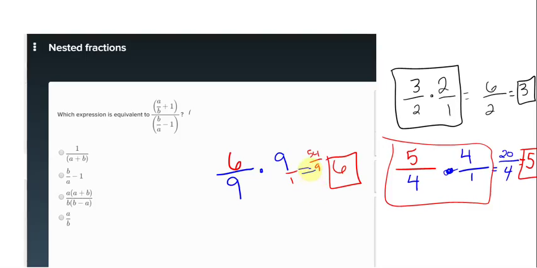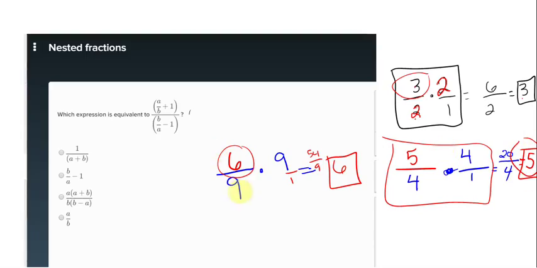So the pattern here is that if I want to make my fraction into a whole number, if I want to multiply it so I'm left with only a whole number, then I can multiply it by the denominator, and I'm going to just be left with the numerator. Here I had 3 over 2, and I multiplied it by 2, and I was left with 3. I had 5 over 4, I multiplied it by 4, and I was left with 5.